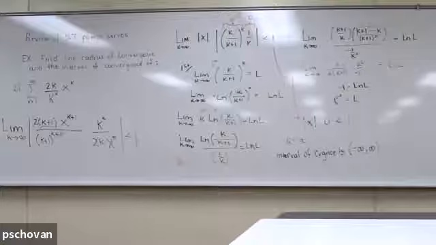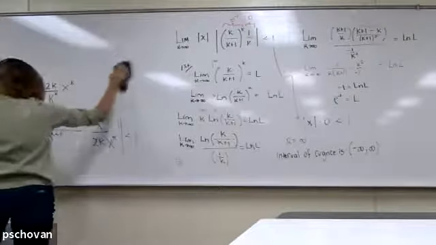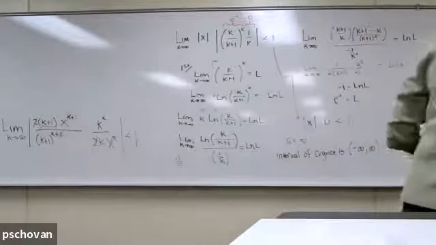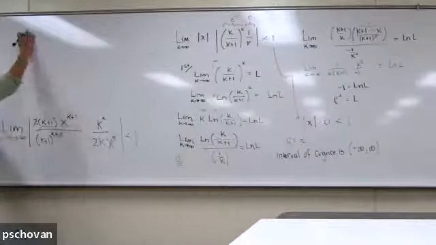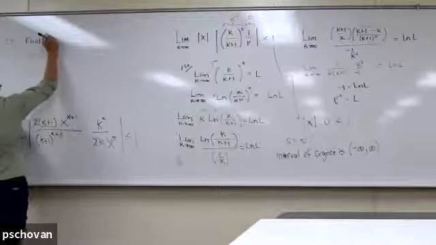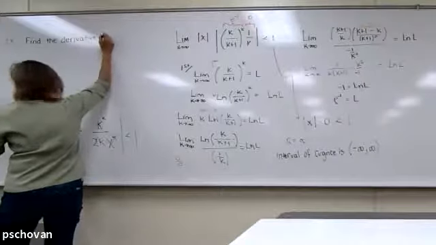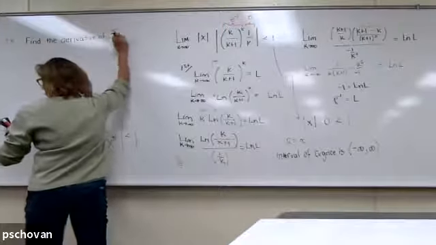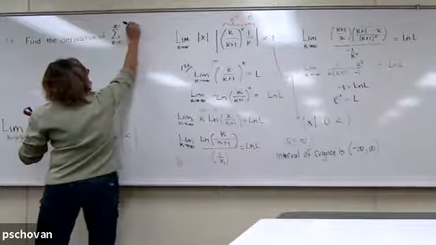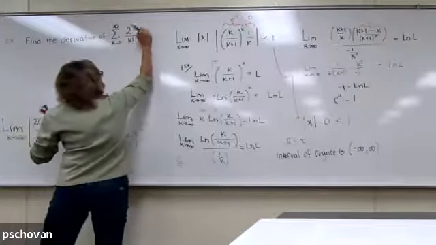Okay, then let me see if you know how to do these two. Find the derivative of the series from k is equal to 0 to infinity, 2 raised to the k over k factorial, x to the k.